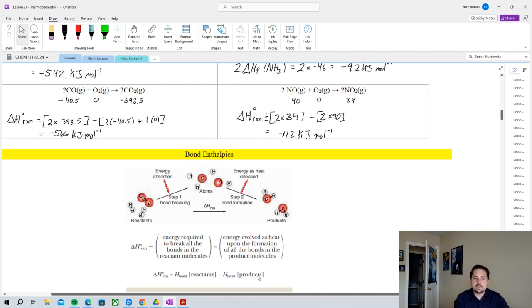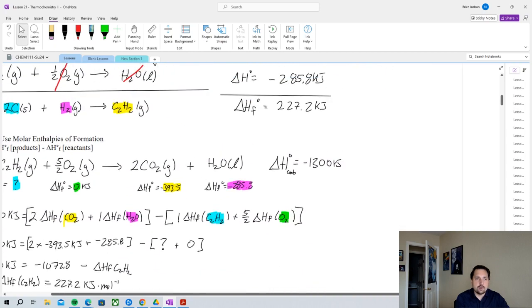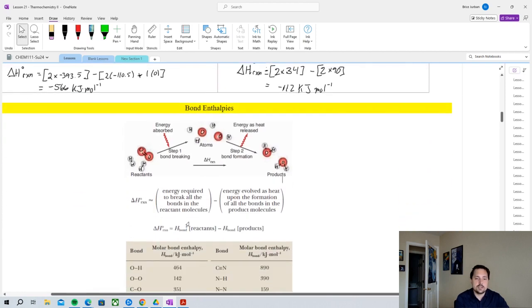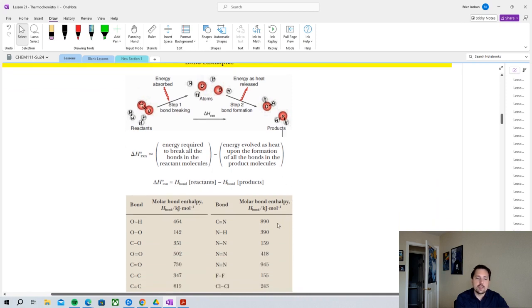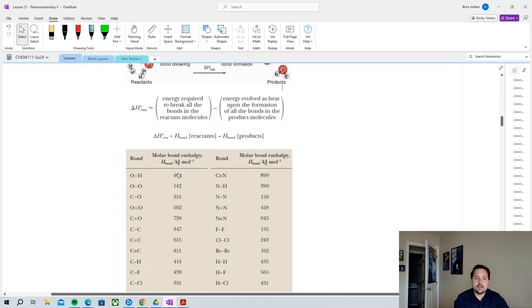And this is kind of curious because from what we were just looking at above, we were taking the enthalpy of formation of the products minus the reactants. But here we're doing the opposite. We're taking the enthalpy of the reactants minus the products. The reason why this is the case is because bond enthalpies are typically tabulated as positive values.